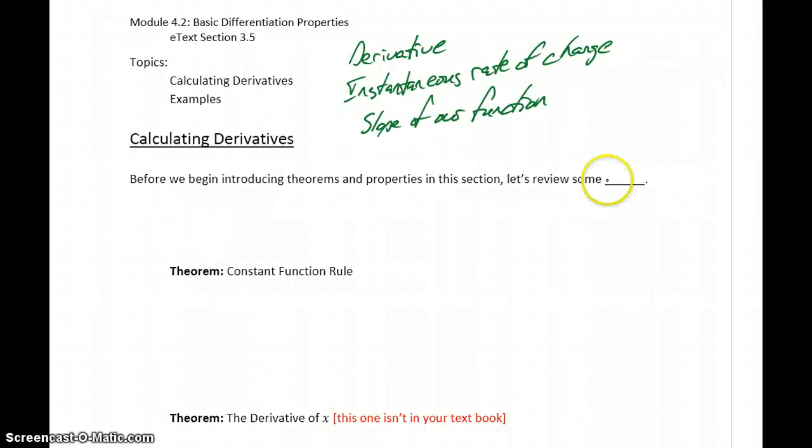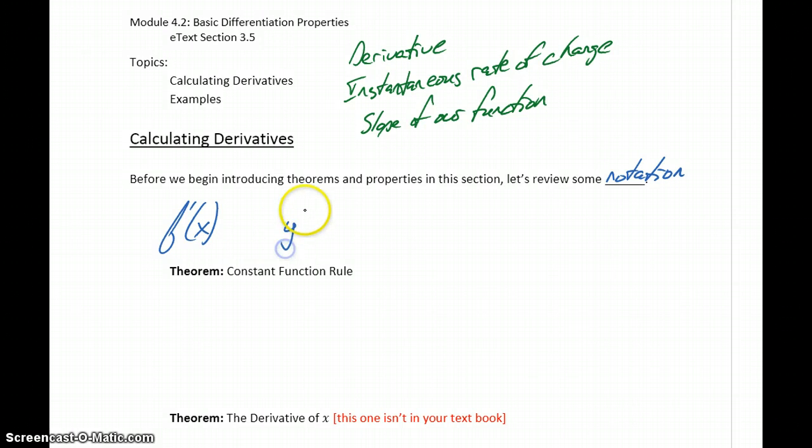So before we get into these theorems, we want to talk about some different notation that we'll use interchangeably, the book will use interchangeably, but each of these notations mean exactly the same thing. So in the last module, we used this notation, f prime of x, which means take the derivative of our function with respect to x.